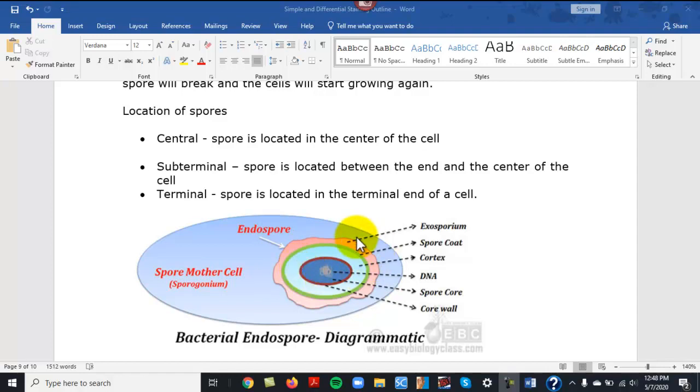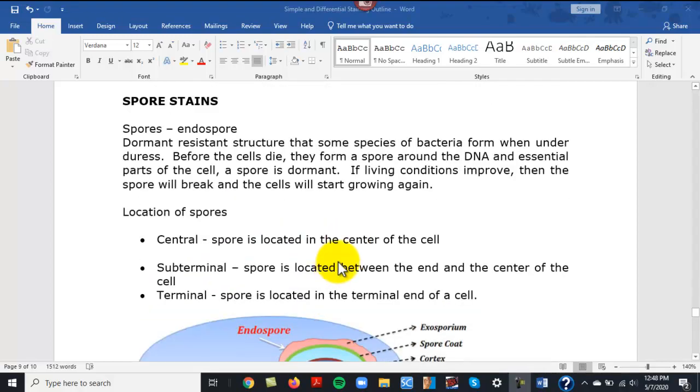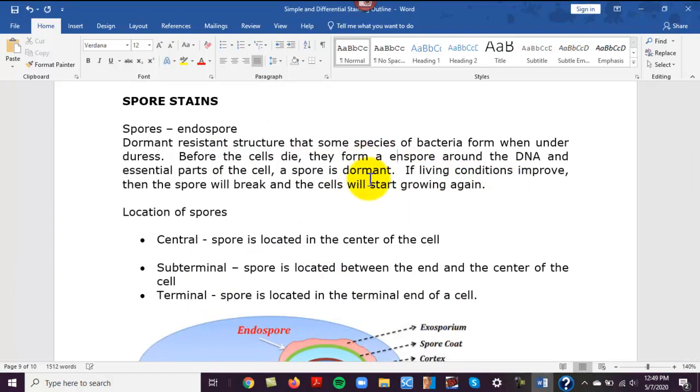Endo means within. And what happens is, you can see here it has DNA, it's got like a spore coat, and essential enzymes, parts of the cell, all go inside of the spore. Before the cells die, they form a spore, and I need to add to that an endospore around the DNA and the essential parts of the cell.